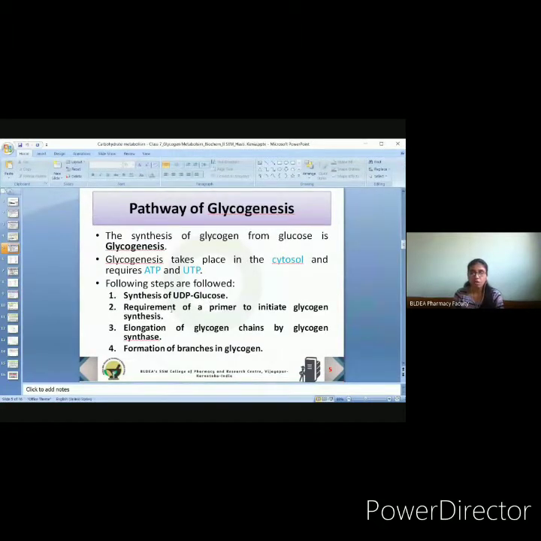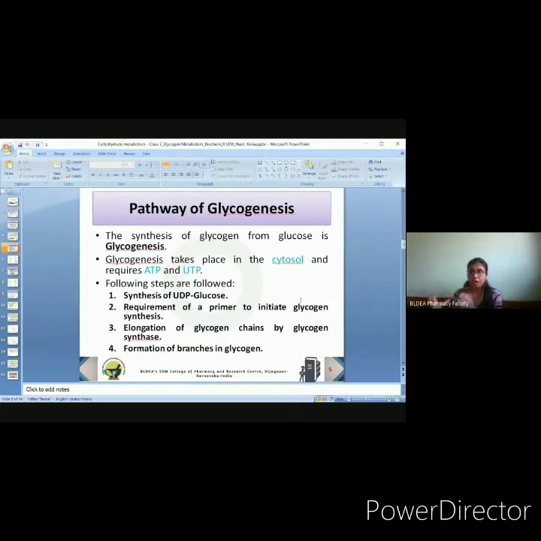Second is the requirement of a primer to initiate glycogen synthesis. Where does this primer come from? The glycogen already present, when it undergoes degradation, some part of that glycogen is retained, and that retained part is utilized to initiate glycogen synthesis again. Whatever glycogen is stored also gets degraded and new glycogen is formed.